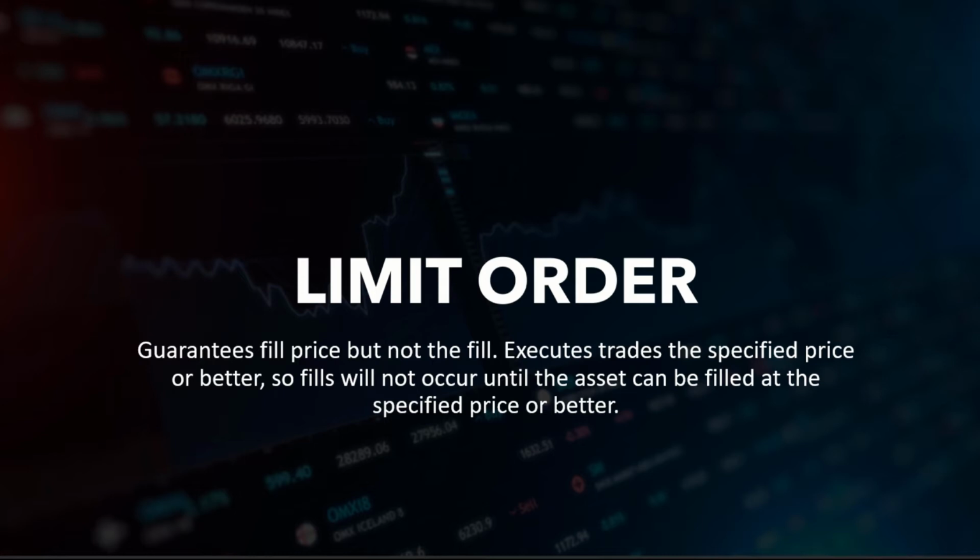If you put in a sell limit order for a stock, say at $105, your stock would sell at $105 or greater. So either way, you're guaranteed your limit price or better, whether you're buying or you're selling.